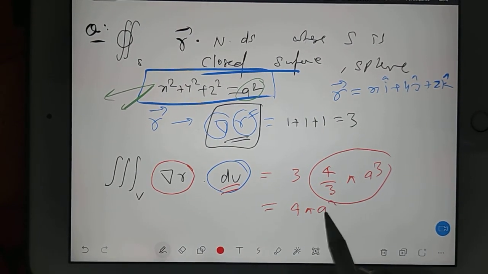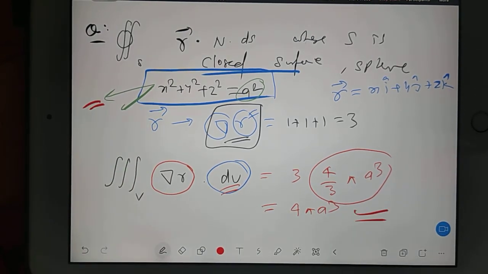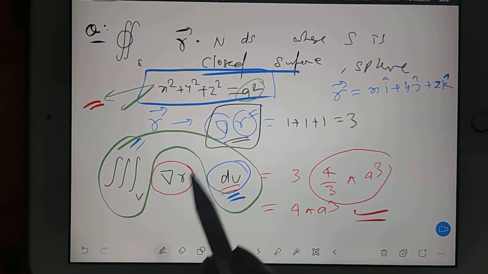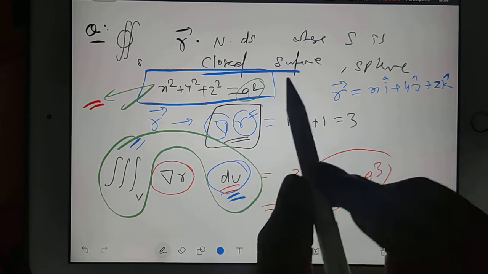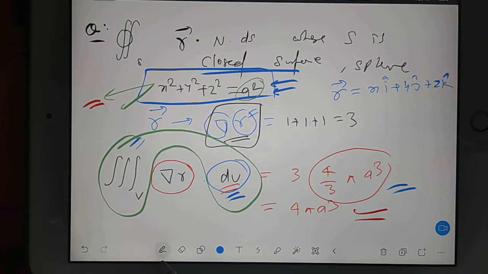So, 4 pi a cube. You see, if you know Gauss divergence, easily we got here. Because this remaining symbol is giving you idea that you have to integrate the volume. So either you integrate the volume or you directly mug up the formula of sphere volume. You will be getting same answer. Okay.